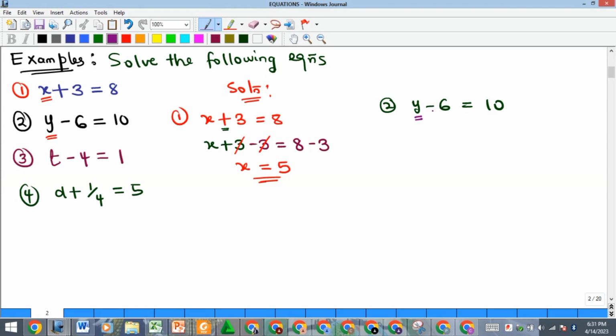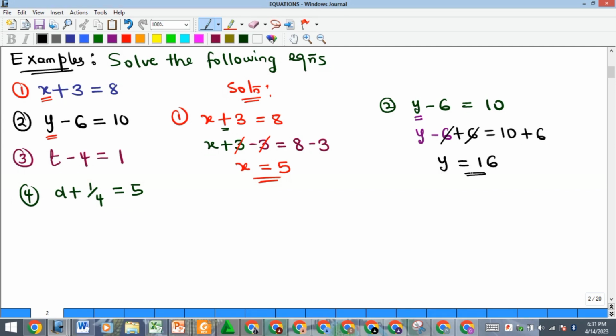And the opposite of minus is plus. So I'm going to add 6 to this. But on my right hand side, to make sure that I balance this equation, I will also add 6. And so this is going to take away this 6. And so my y alone is actually equal to 16.